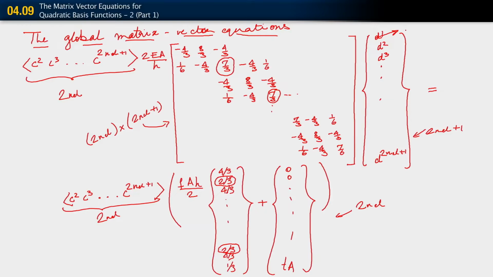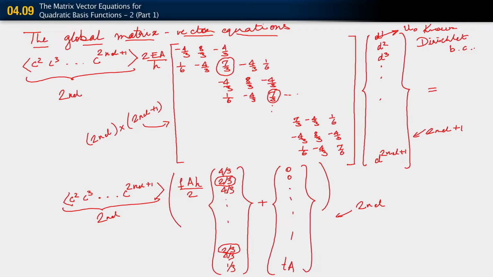I think at one point I referred to it as UG, but we are actually calling it U naught. This is the known Dirichlet boundary condition. BC is short for boundary condition.